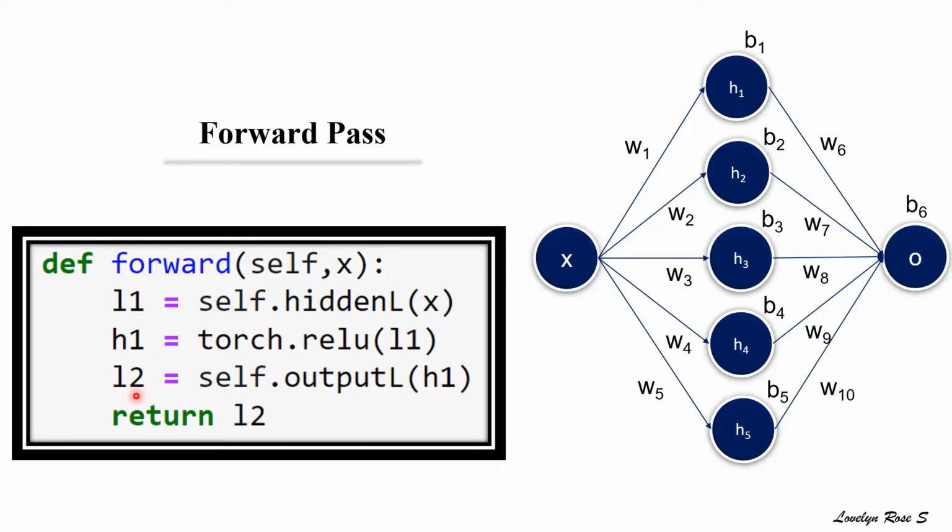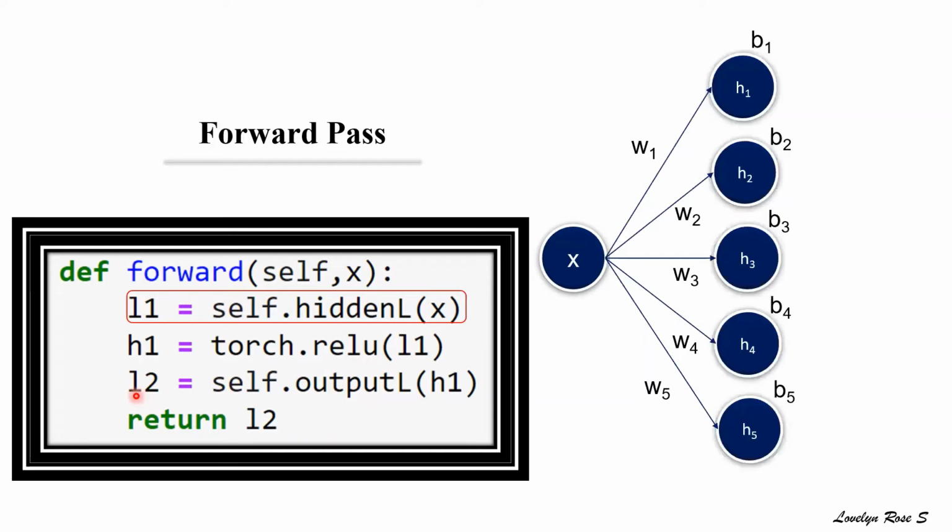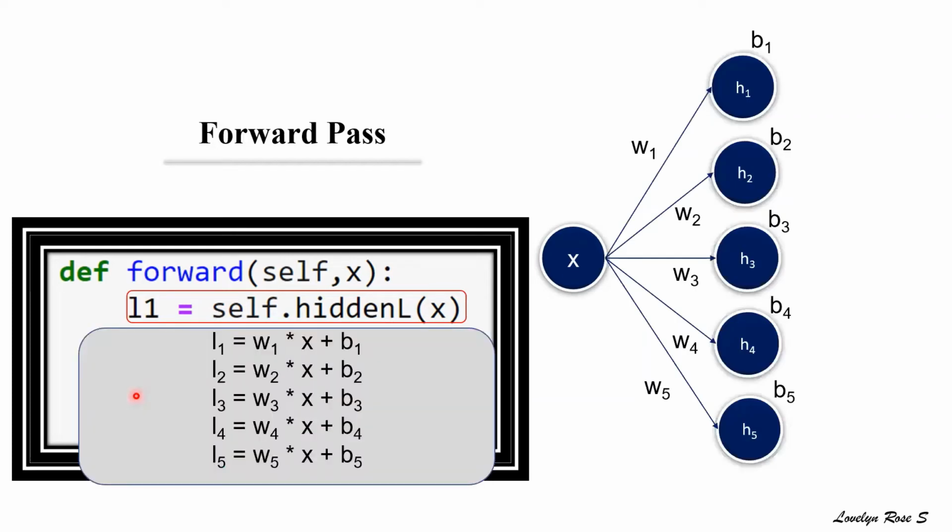So let's look at it in detail, what happens internally during a forward pass. First, I say that I have an X, which is going as input to the first layer. When it goes as input to the first layer, I calculate L1, which is W1 into X plus B1.